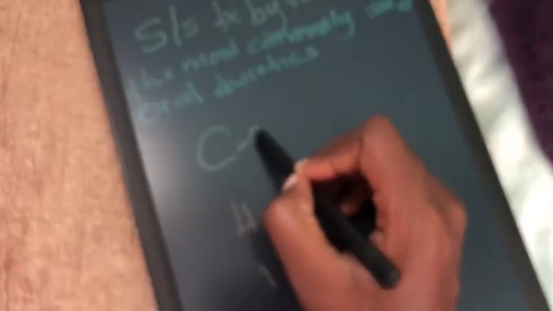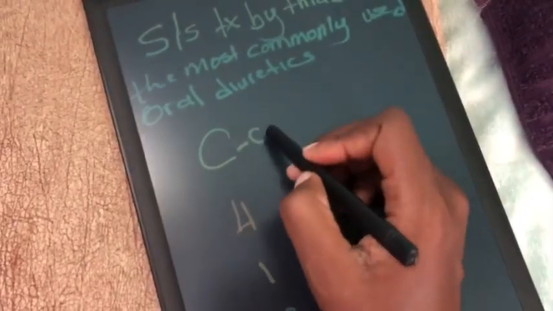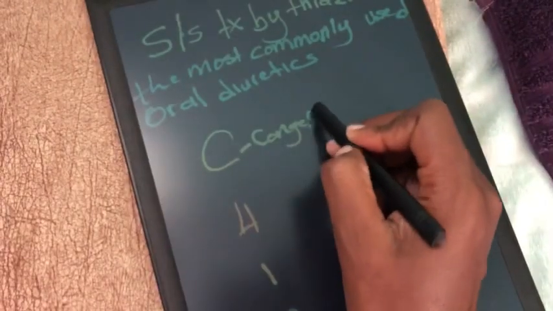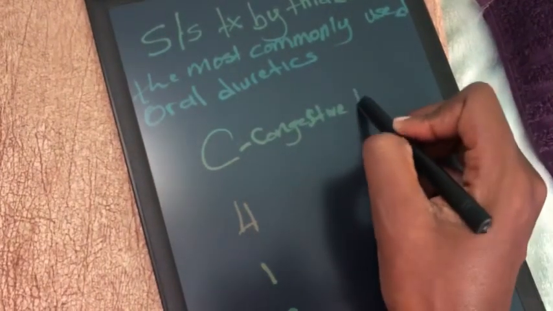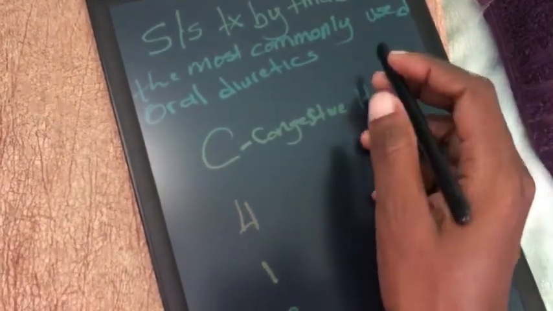First one is congestive heart failure. Second is hypertension, HTN. The next I is insipidus, diabetes insipidus.